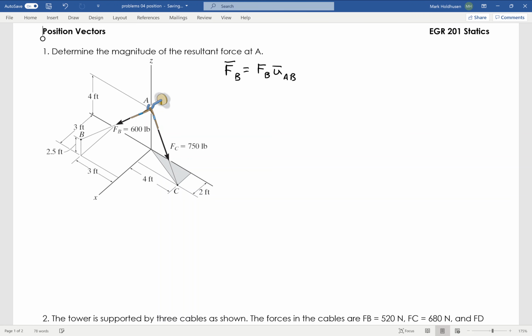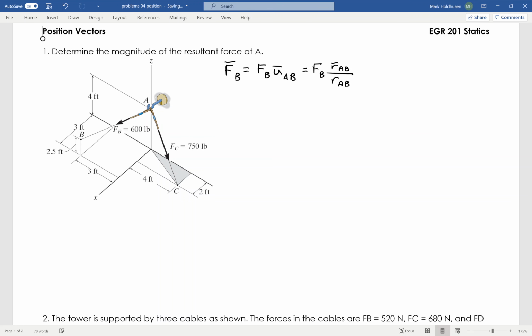So for B, it's going from A to B. So it takes the magnitude, that's 600 pounds, times the unit vector, which has a magnitude of 1, in the direction of AB. How we find that is using position vectors. To find the unit vector, I take the position vector from A to B and divide it by the magnitude of that position vector.